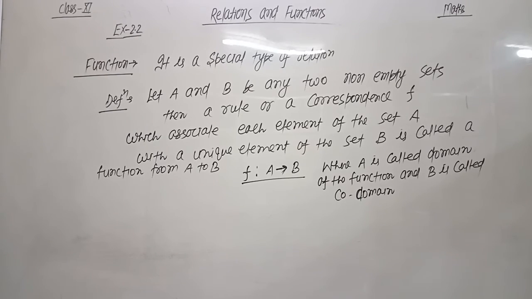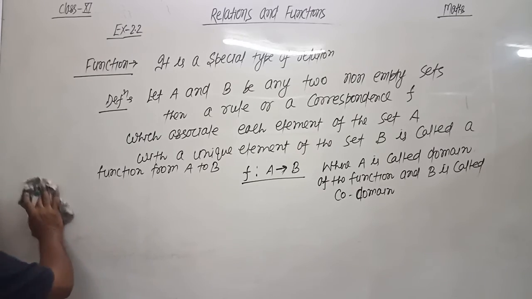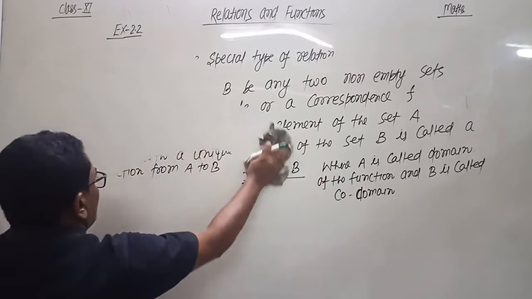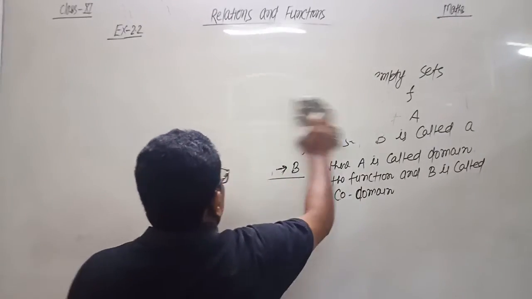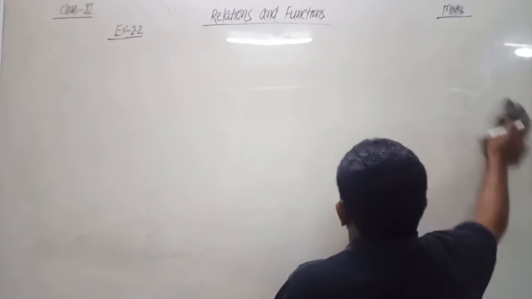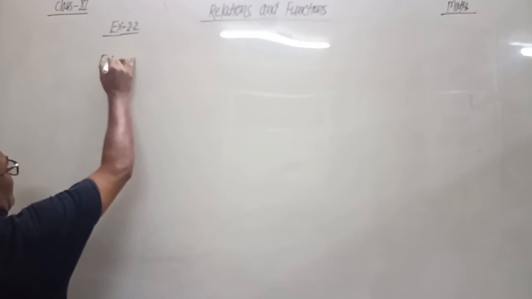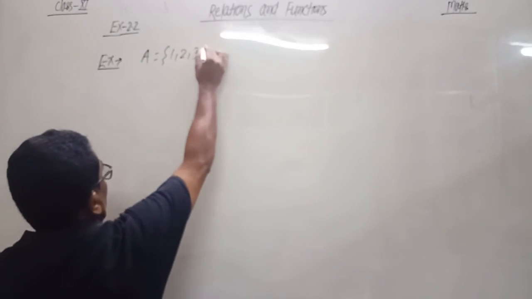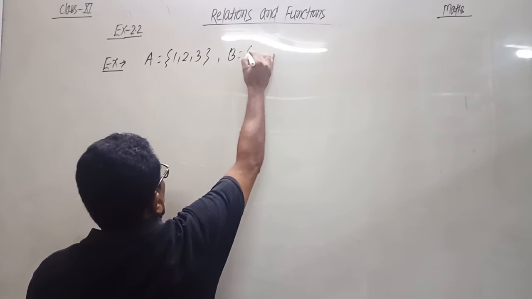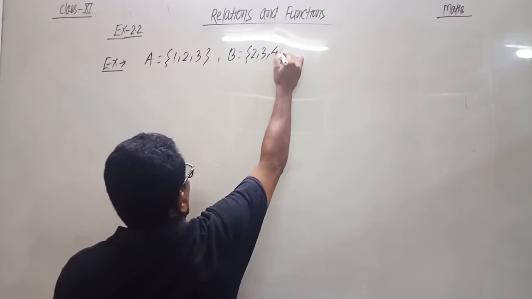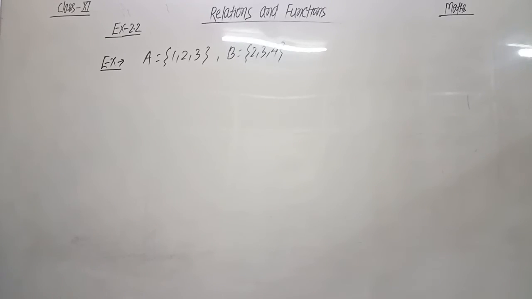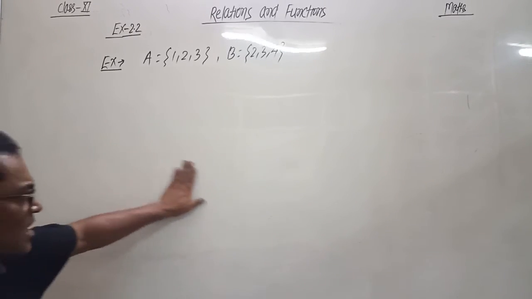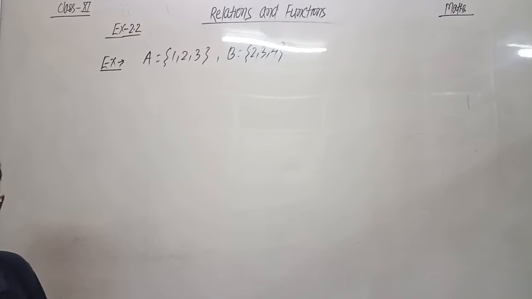Let us see by an example. We understand the function by an example. Let set A equal to the non-empty set 1, 2, 3, and set B equal to 2, 3, 4. We know that a function is a special type of relation.